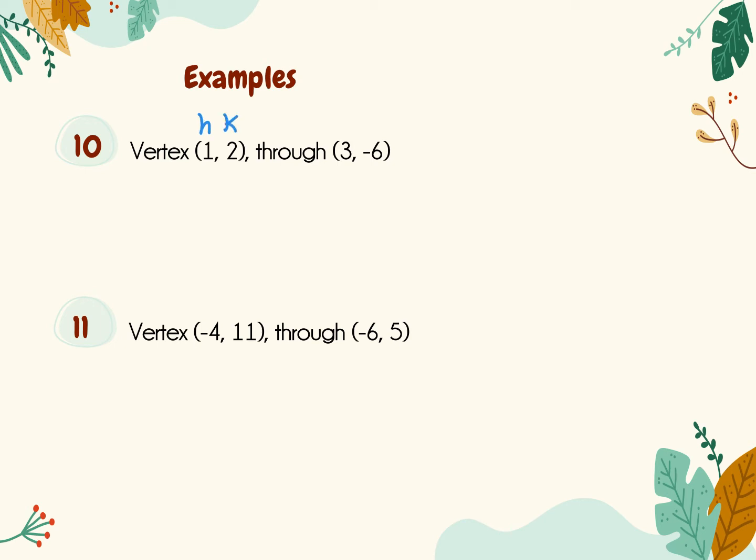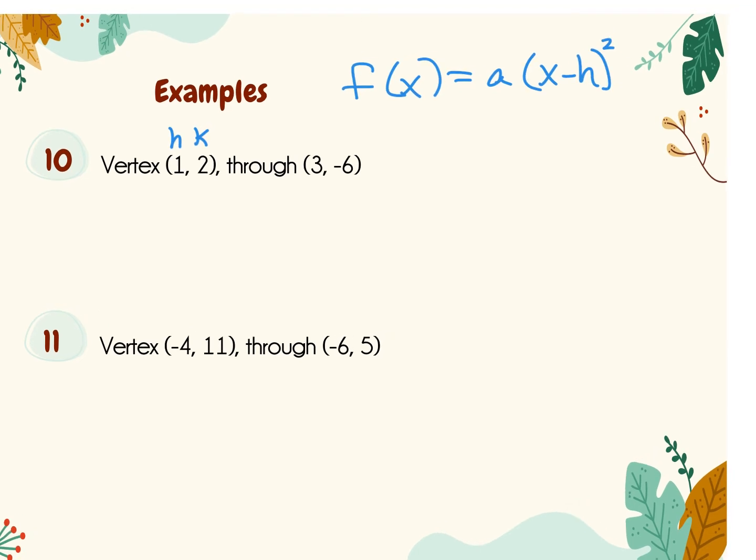Remember, the vertex or the standard form is f of x is equal to a times x minus h squared plus k. So far I already have an h and a k. And then my ordered pair, this is going to be my x and my y.